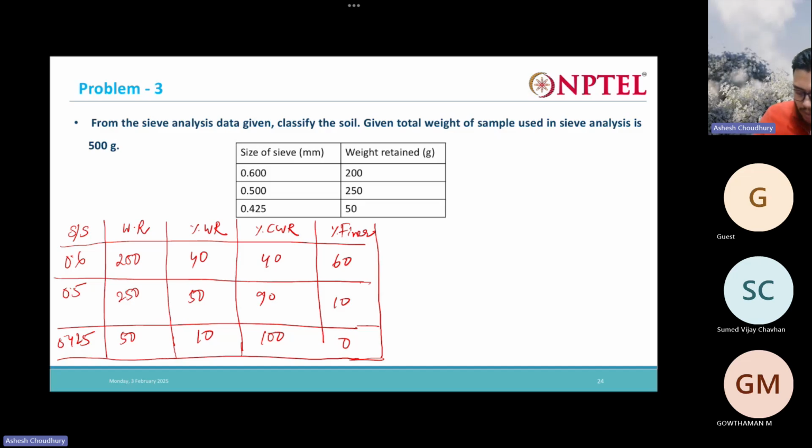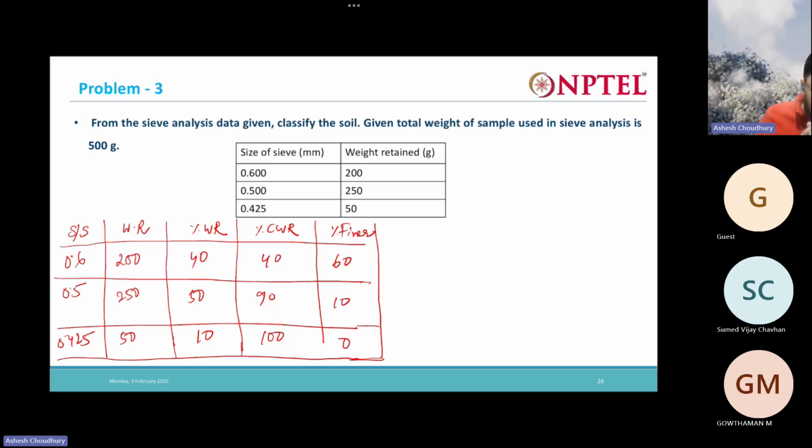Because the whole fraction is of size smaller than 4.75 mm, but 0% of the soil has a size less than 0.425. That means obviously 0% of the soil has size less than 0.075 mm. That means the soil is perfectly coarse and the soil is sand.